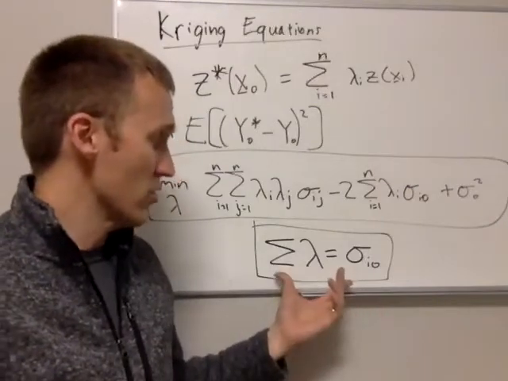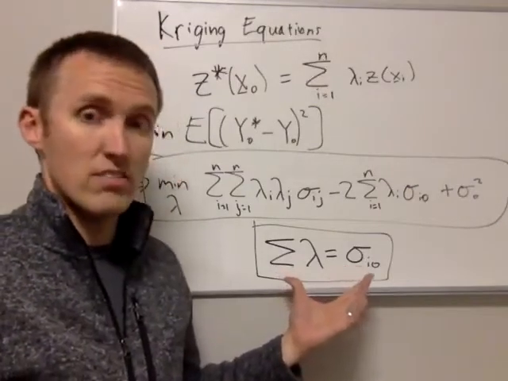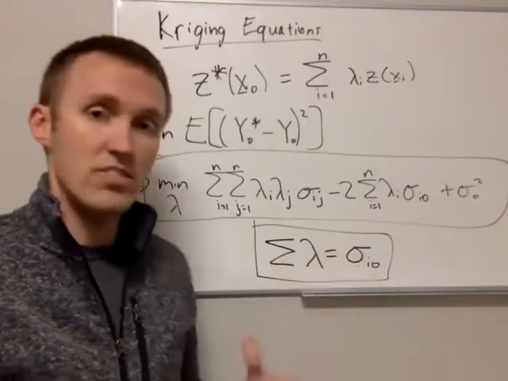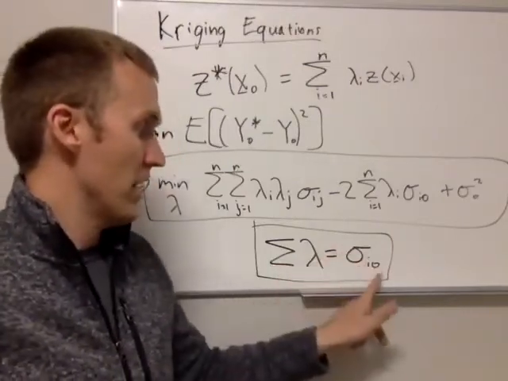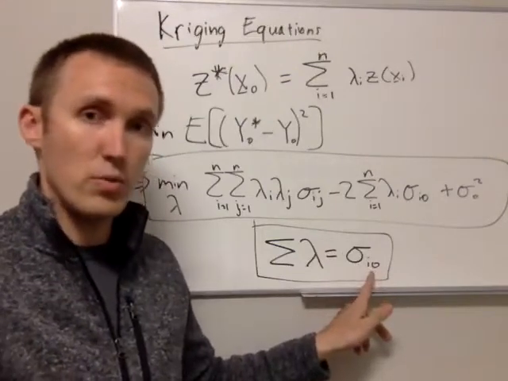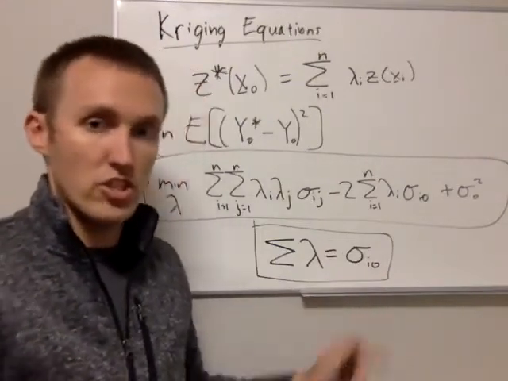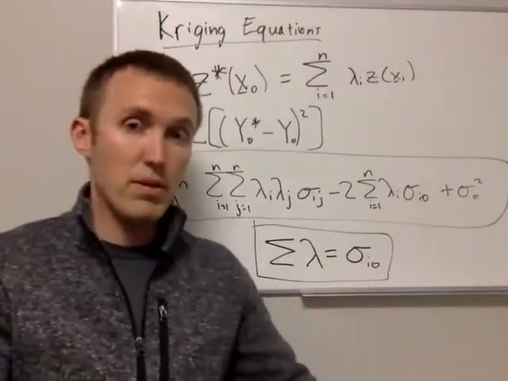A couple of things to note. These weights are going to be a function of distance. So we've accounted for distance between observations by this term, which is getting the covariance between all of our data points and our new estimation location. We can extrapolate beyond our data.